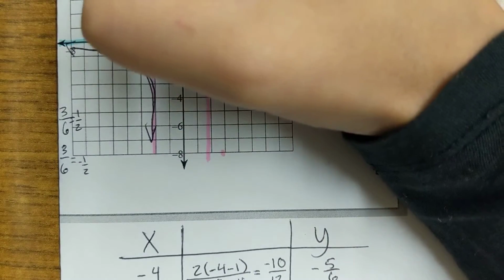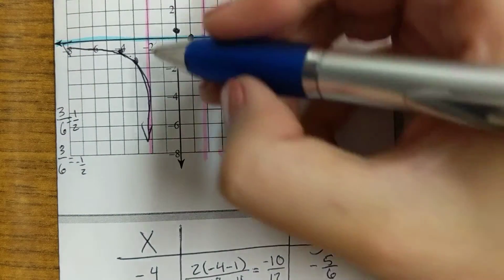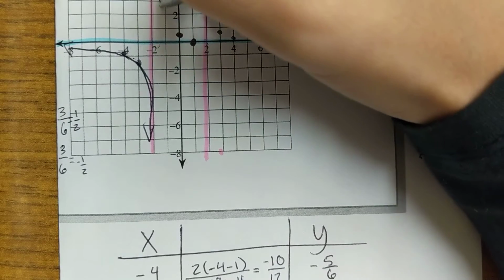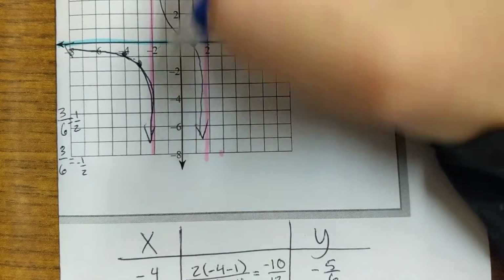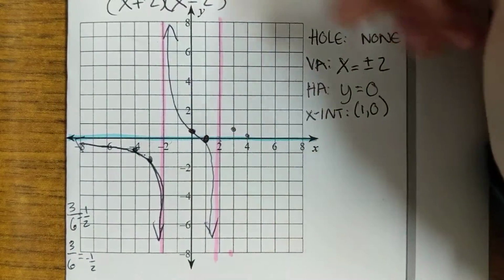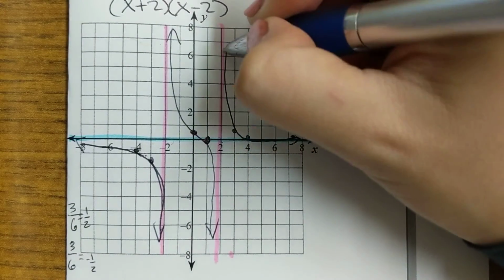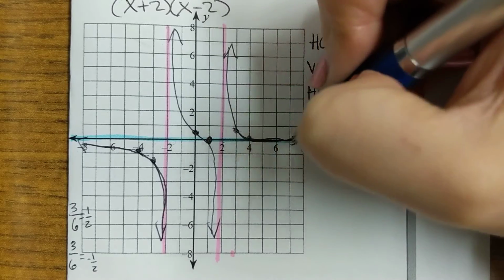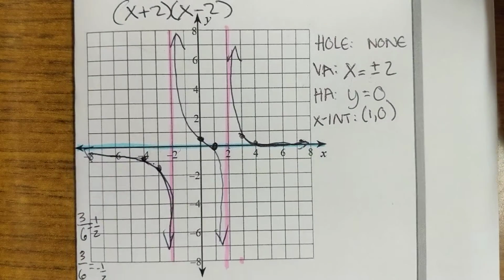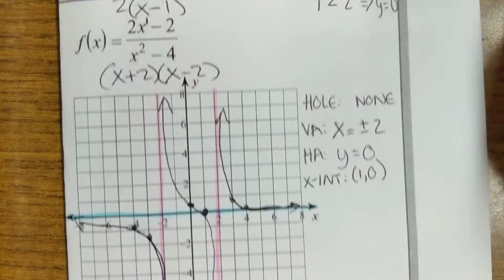Ooh, don't cross that asymptote. All right, and then here I have basically like a negative cubic function. And then, again, I am expecting that your graphs are prettier than mine, but there's the rest of today's lesson.